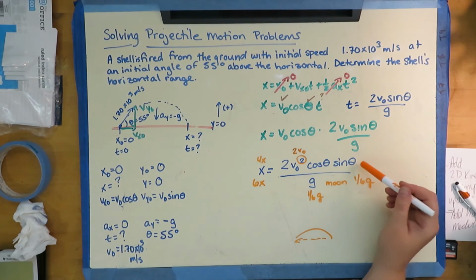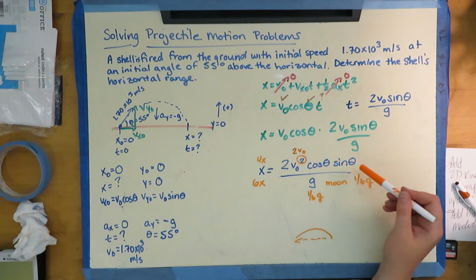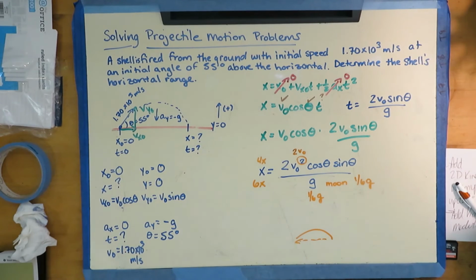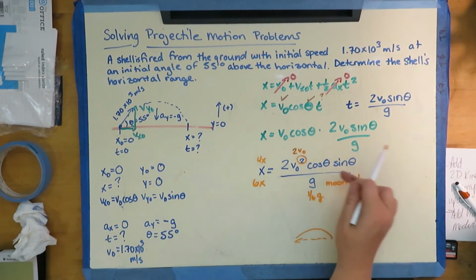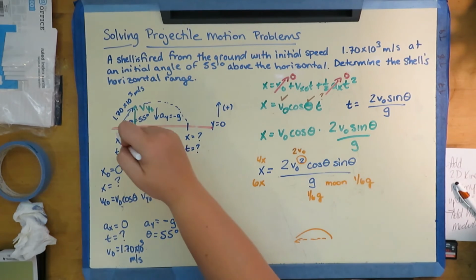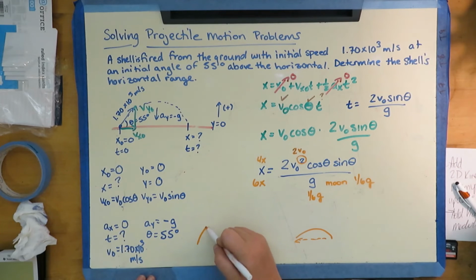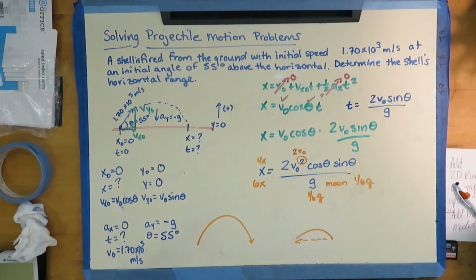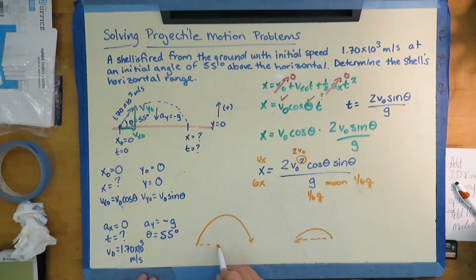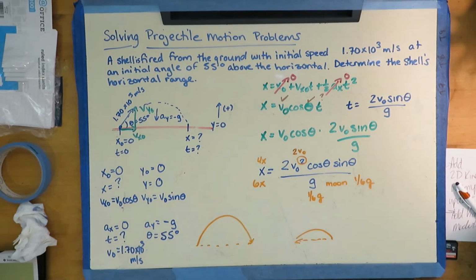Now, it's harder to see the way this is written right now, the effect of angle. Angle has some really fun and interesting things, but because it's a cosine and a sine, there are some special angles. If I want to hit this particular position, I can hit that position at lots of different angles depending on the speed.